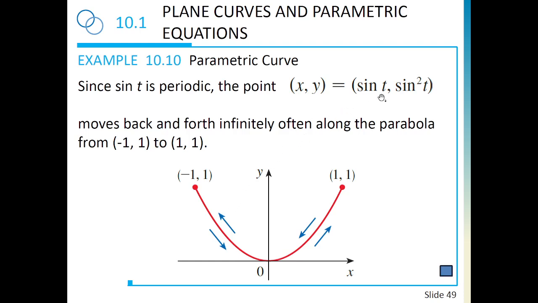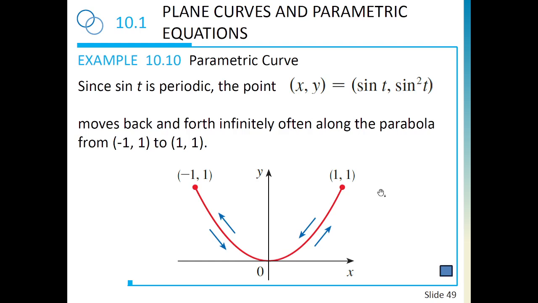So essentially what we realize is, regardless of the value of t, my x's will be running from -1 to 1, and y's will be running from 0 to 1. So we have only one part of the parabola y equal x square, and that part is traversed by a particle that is bouncing up and down.